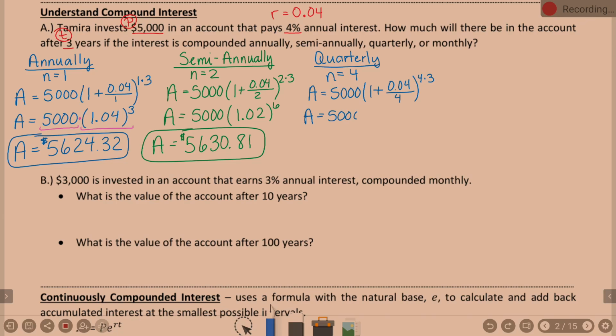And again, you don't have to clean it up first, but that's always my suggestion. 0.04 divided by 4 is going to be 0.01.